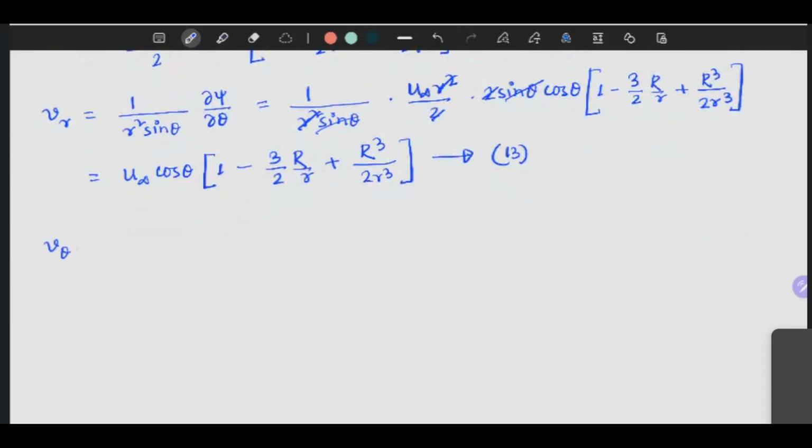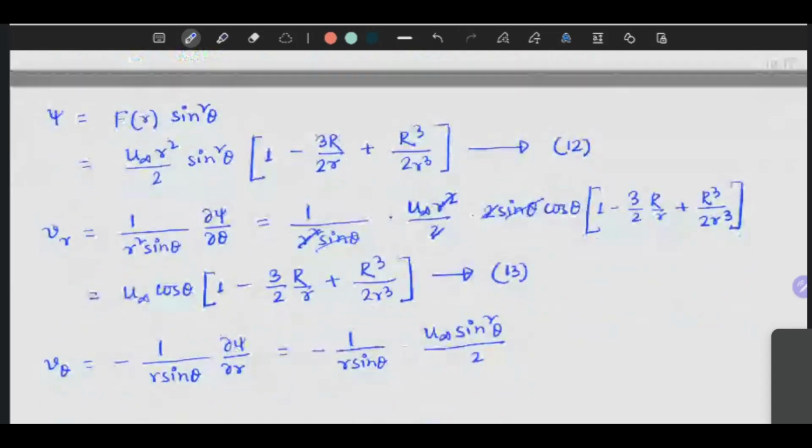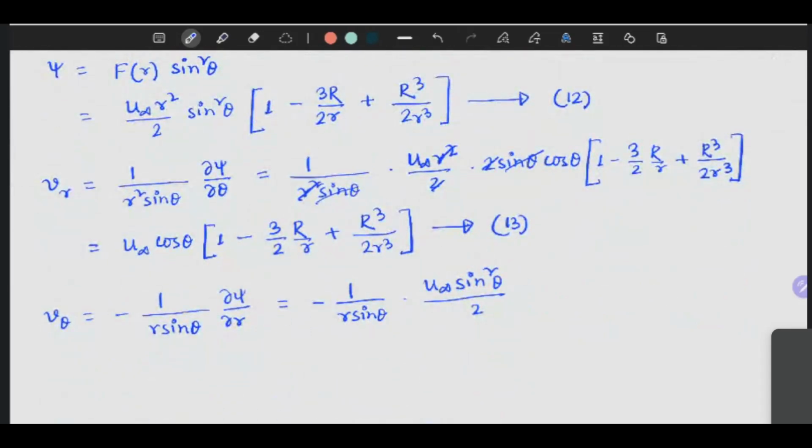Similarly, V theta will be minus 1 by r sin theta delta psi delta r, and that makes it minus 1 by r sin theta into U infinity sin square theta by 2 into first 2r, second minus 3R, minus R cube by 2 r square, right?